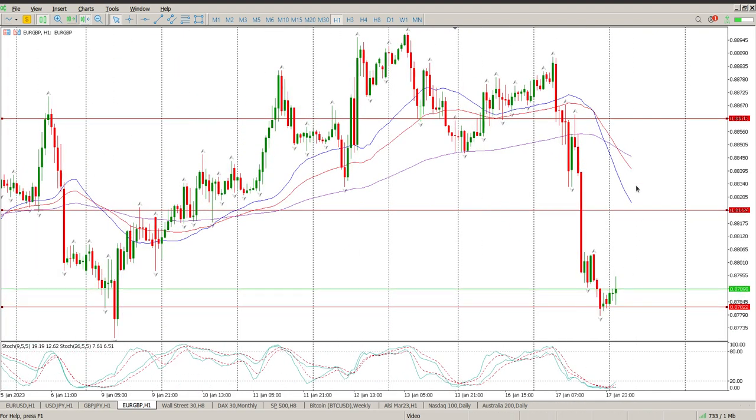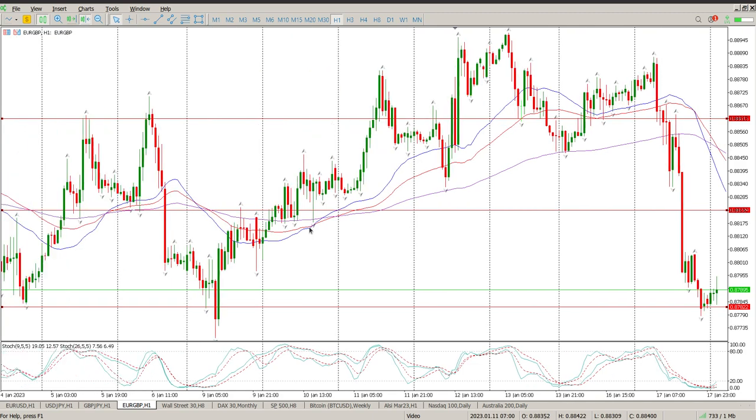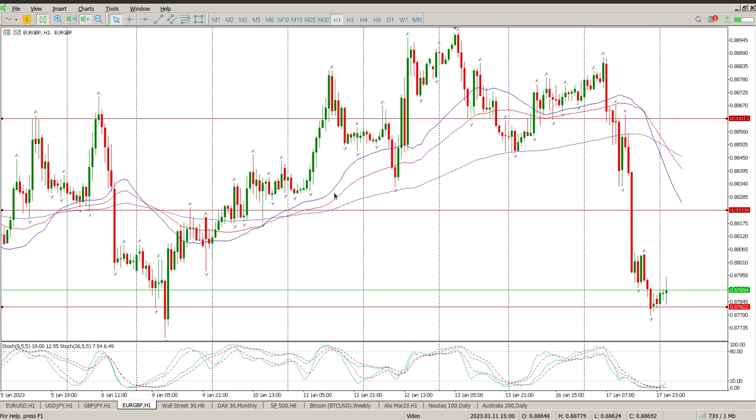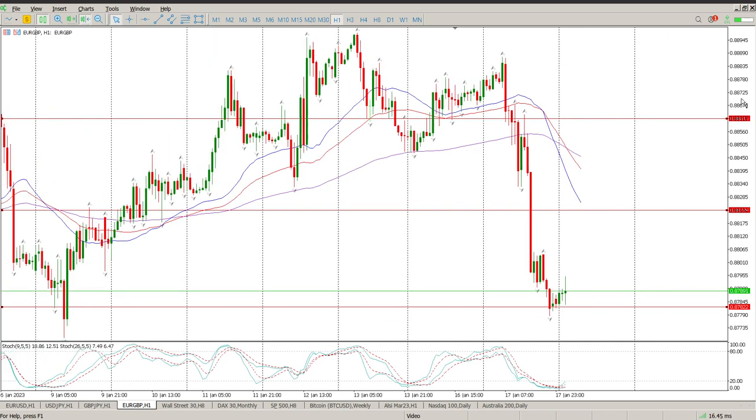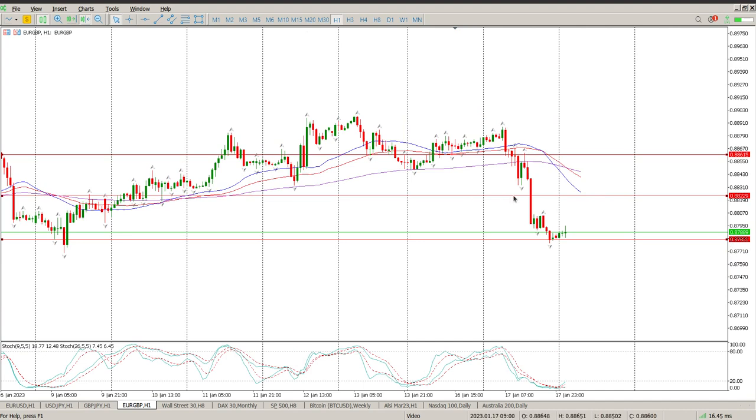You're looking for pullbacks onto structure, and it's going to get a bit messy because each one of these tails that you see here, each fractal here on the inside, will offer some form of support. Just bear in mind you are bottom of a bigger range, so I'd be reluctant to be chasing anything here at the moment.